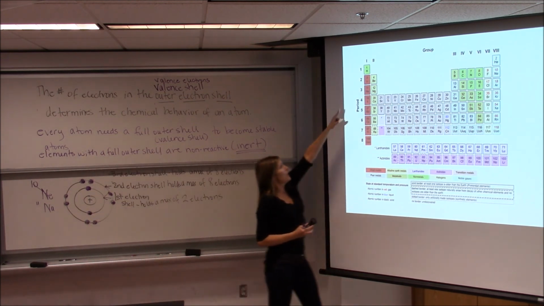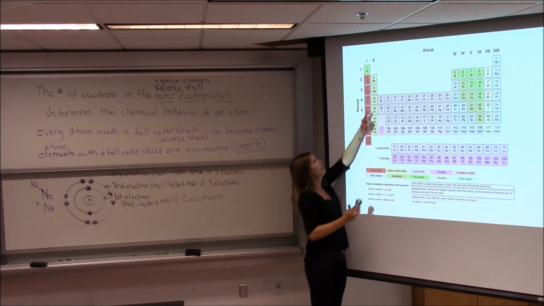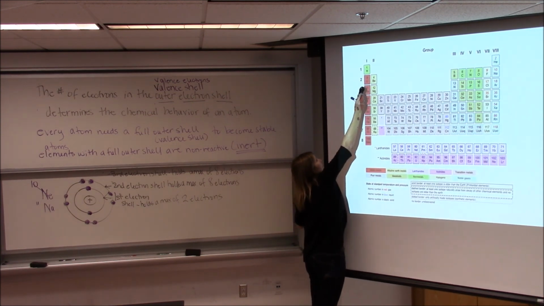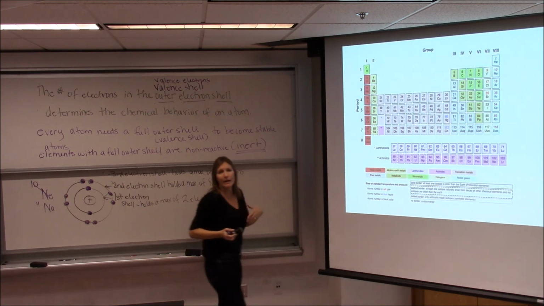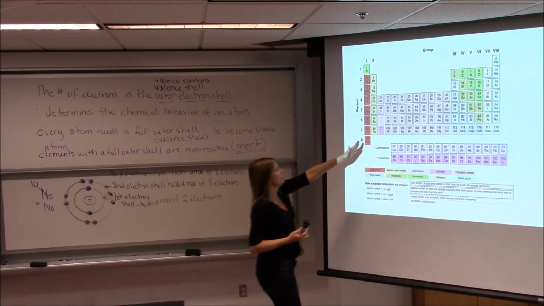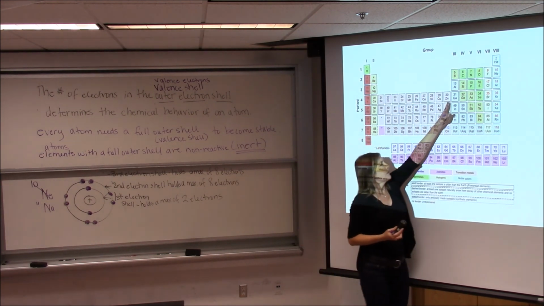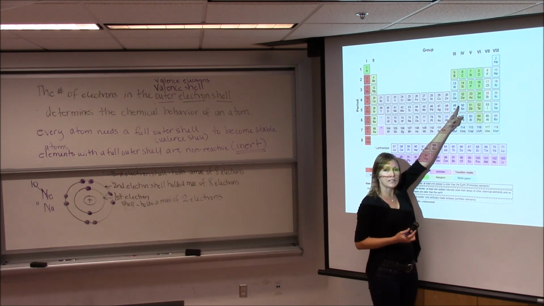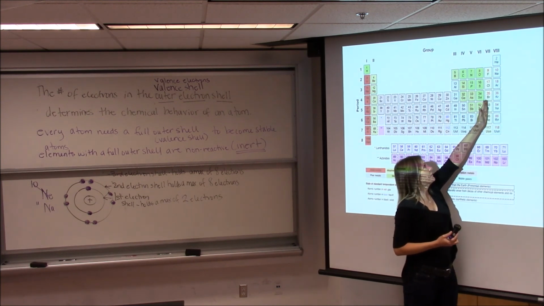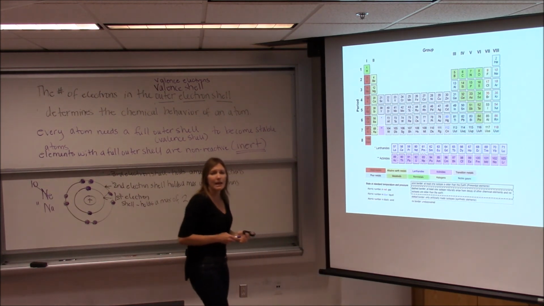If you're in column 1, you have 1 electron in your outer shell. Remember, we did hydrogen, lithium, and sodium, and they each just had 1 in their outer shell. Column 2, 2 electrons in the outer shell. 3 has 3, 4 has 4, all the way over to column 8. Column 8 has 8 in the outer shell.